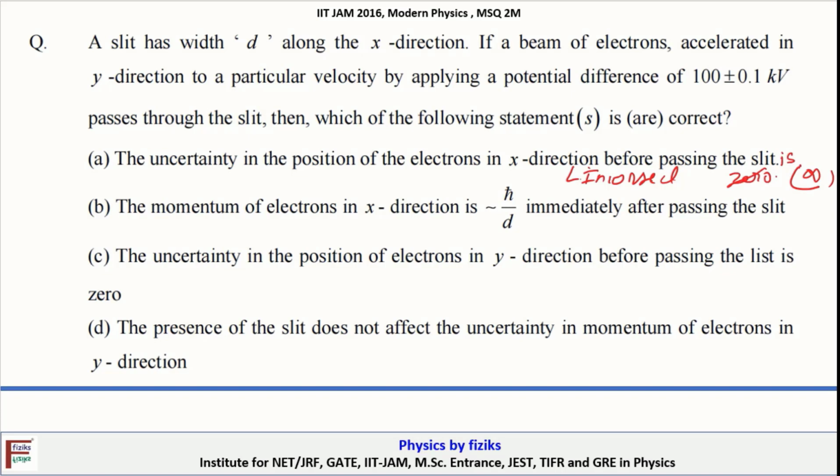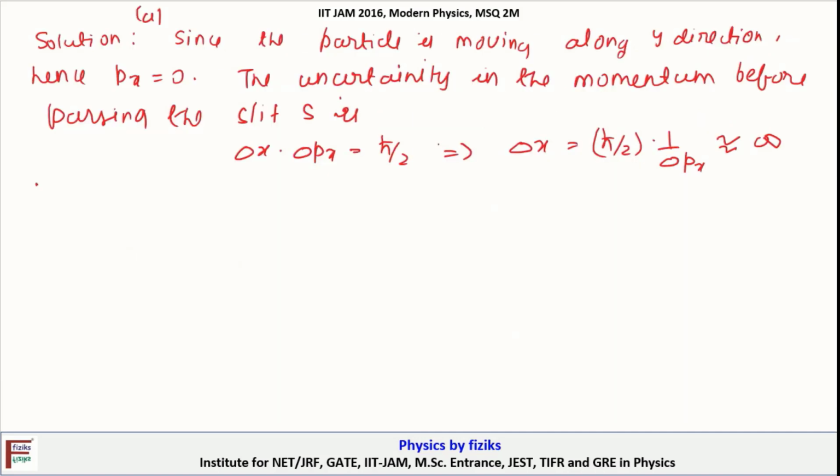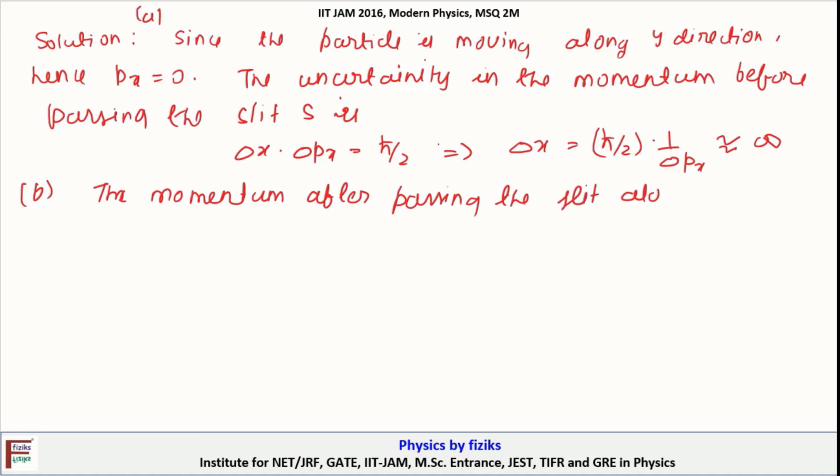The momentum of electron in x direction is h cross by d immediately after passing the slit. The uncertainty in momentum after passing the slit along x direction is: del x into del px is greater than or equal to h cross by 2, with del x equal to d, which implies del px is greater than or equal to h cross by 2d.